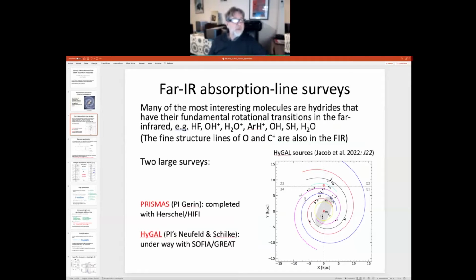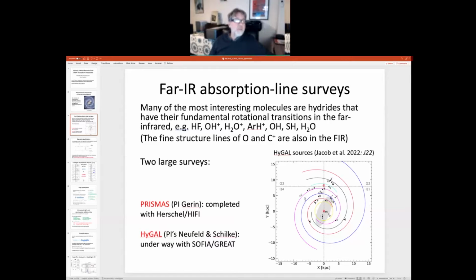So there have been a couple of large absorption line surveys in the far infrared to look for molecules that are most easily observed in that spectral region. And these are essentially hydrides, molecules containing one heavy element atom and one or more hydrogen atoms, which, unlike the non-hydride molecules, have their fundamental rotational transitions in the far infrared rather than the radio.